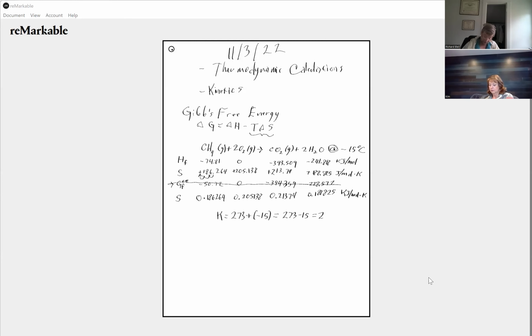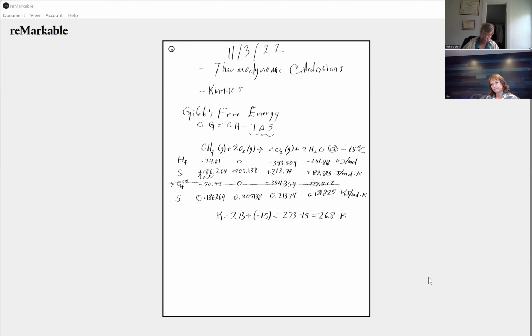We have 268 Kelvin. So we're not at 298 Kelvin. We're at 268 Kelvin.